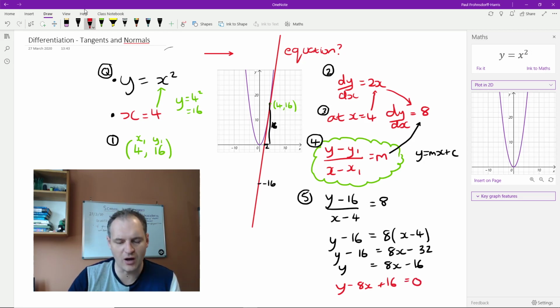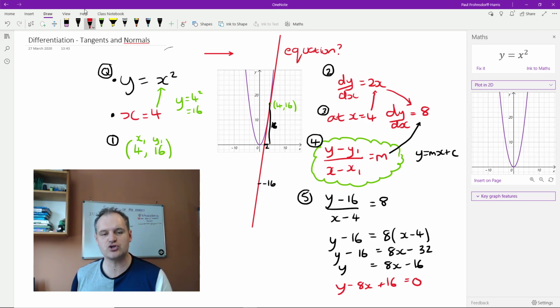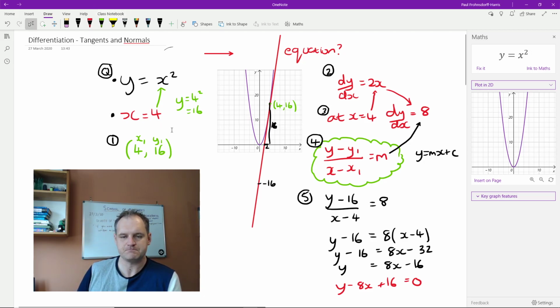Sometimes the question will ask you to leave your answer in the format y, x, and a number and 0, or x, y, a number and 0. So you can rearrange your equation to match. Hopefully that's making sense so far.